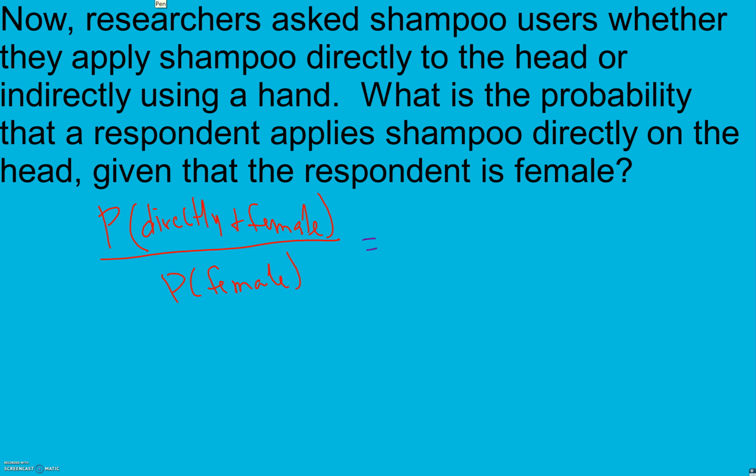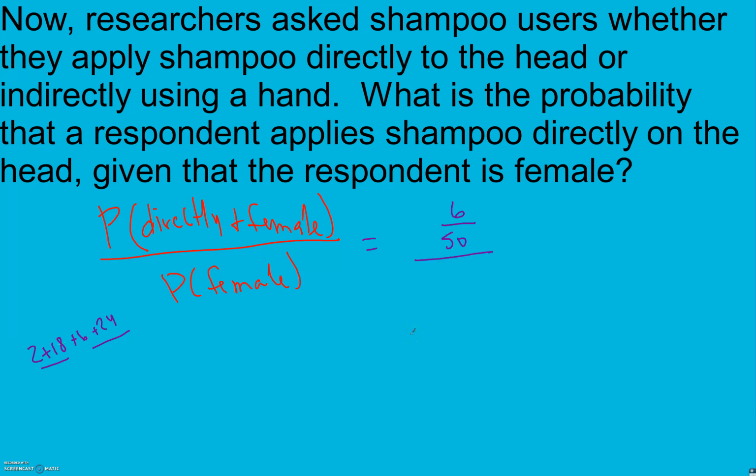So directly and female is going to be 6 out of the total number of people. And again, 2 plus 18 plus 6 plus 24, males, females, gives us 50 again.